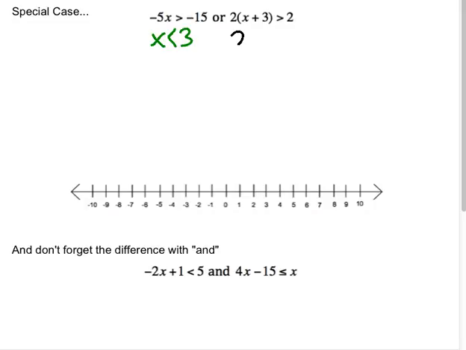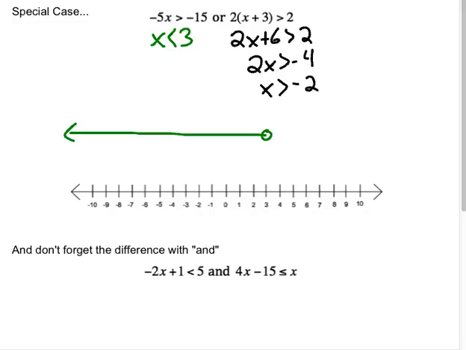Here I'm going to distribute that 2, subtract the 6, and divide by 2. All right, so as I'm doing this one, being strictly less than 3 puts me right there. Being greater than negative 2 puts me there. But this is still an "or" situation.